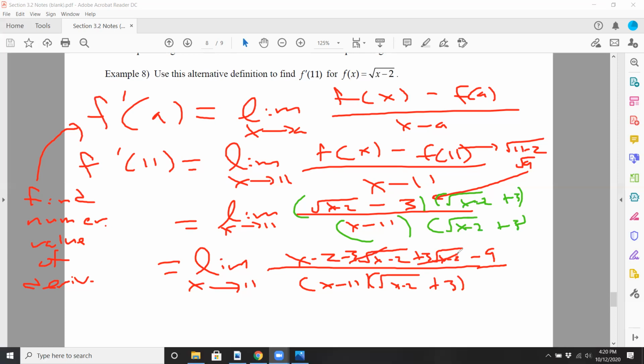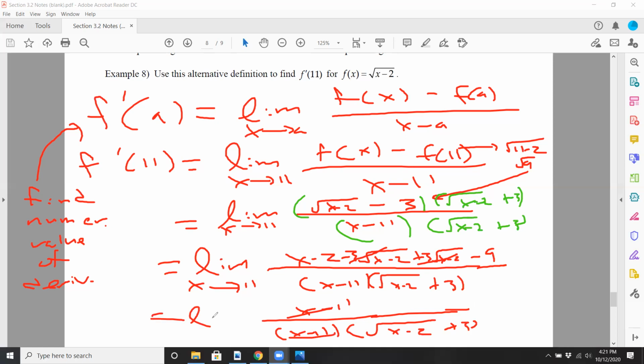Those cancel, so I get x minus 11 up top and x minus 11 down below, and those cancel. And I have root x minus 2 plus 3 on the bottom. Again, you're taking the limit as x approaches 11.